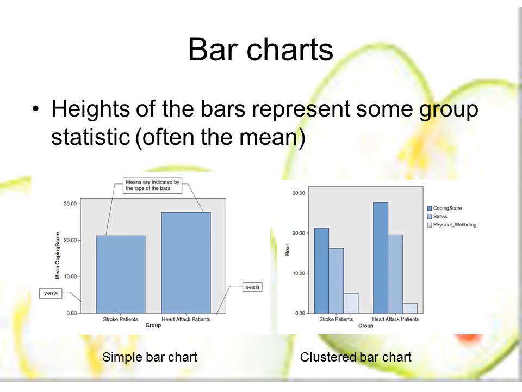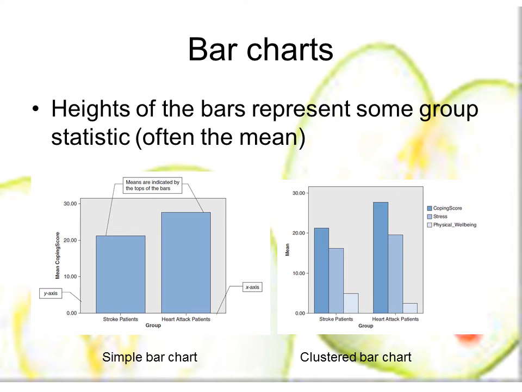If you look at these, in the first graph we have a simple bar graph, and in the second we have a clustered bar graph. What we're looking at are stroke patients versus heart attack patients, basically the mean, the number of patients that you're going to see in each group, and it's pretty easy to understand. We're looking at stroke patients on the x-axis, and the mean of those individuals' coping scores on the y-axis.